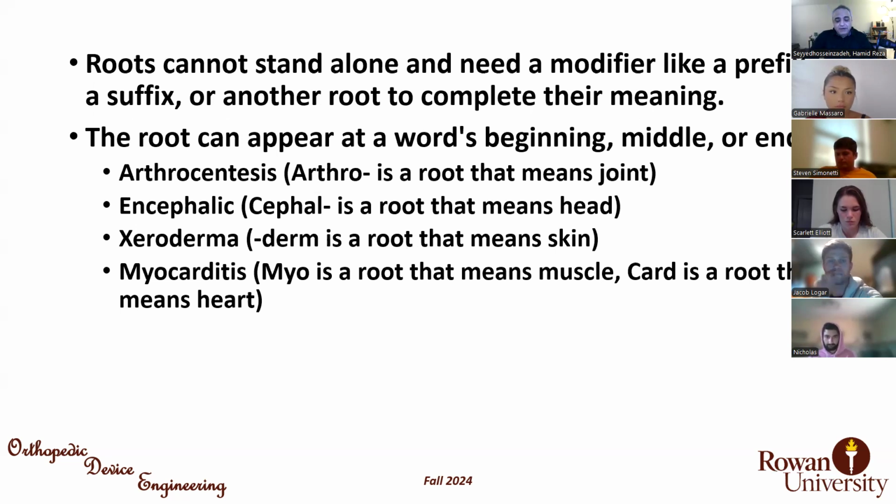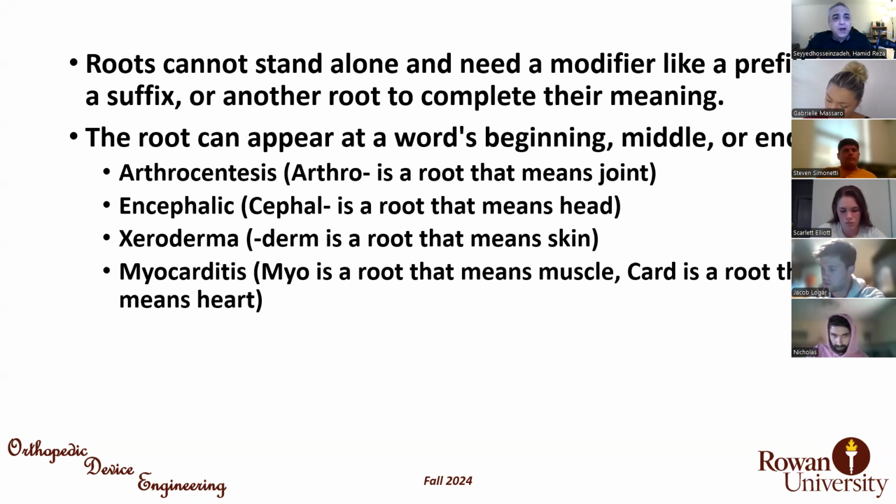You never use the roots alone. They are often in a combination form with another root or a suffix or prefix. And the roots can be present anywhere in the word. So there is no rule to say, for example, the middle part is always the root. Sometimes it is at the end, sometimes it is at the beginning.